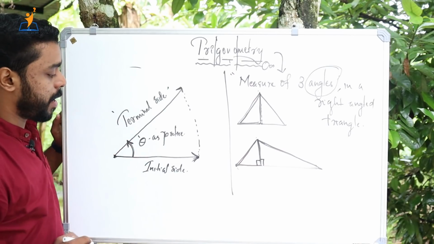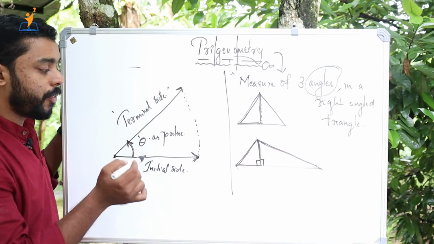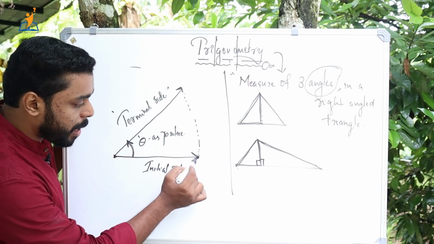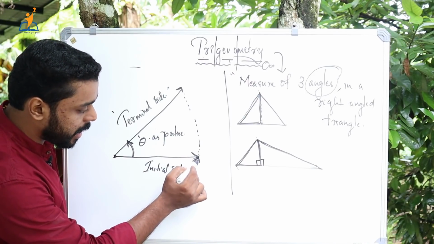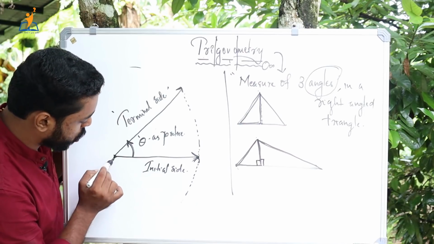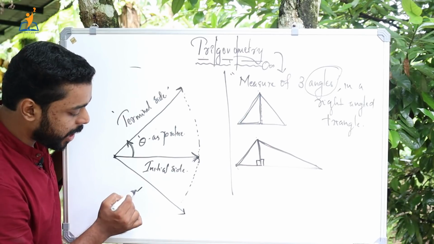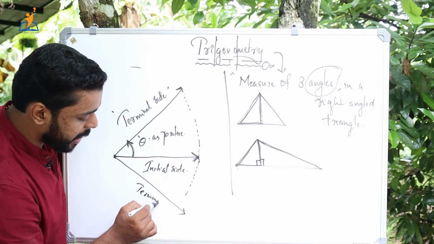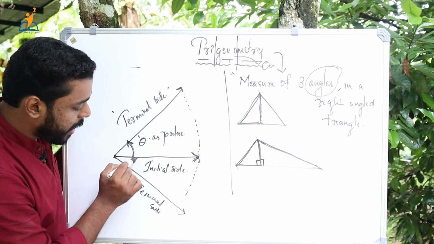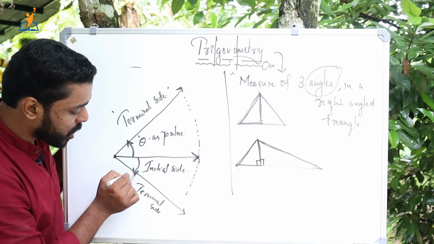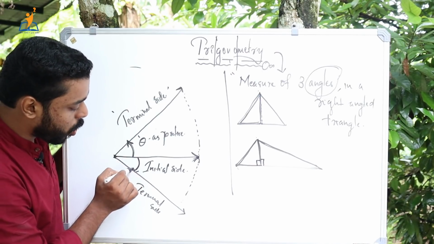So we have theta positive. Now you can easily define when theta will be negative. Suppose I am rotating the ray clockwise, the new position of the ray will be like this. This is the initial side here, this is the terminal side here. So here the angle theta is measured in the clockwise direction.